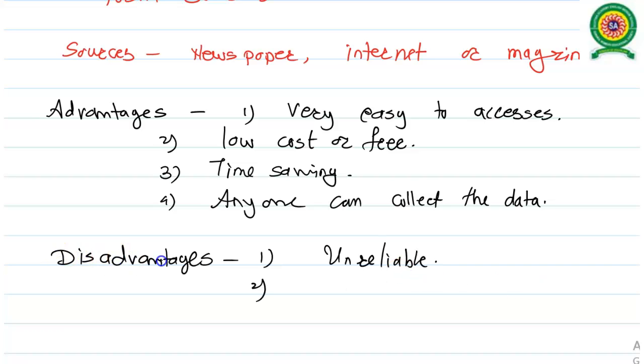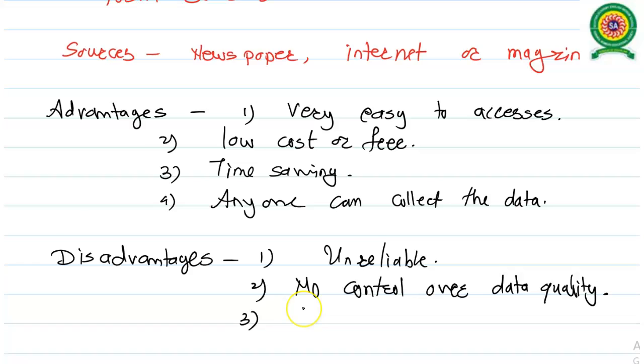Second disadvantage we have, no control over the data quality, because it is already collected by someone else. So we have no control over data quality. Next, the third disadvantage we have, as it is collected in the past, it may be out of date.